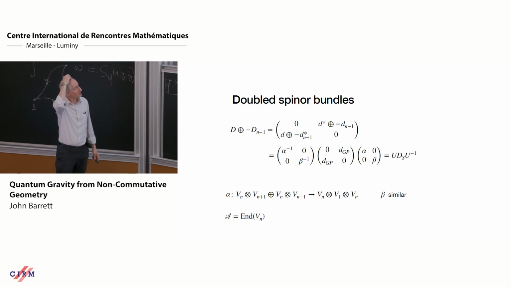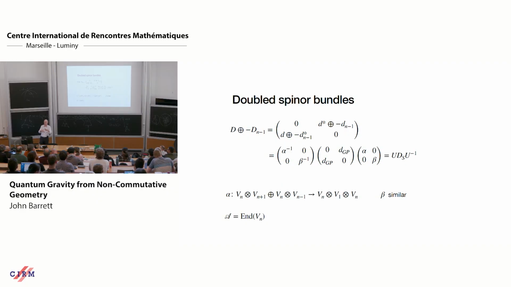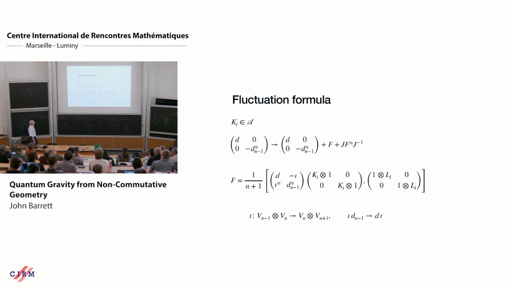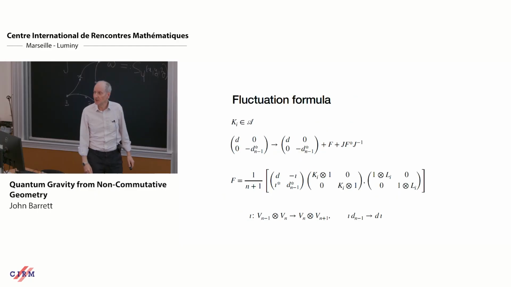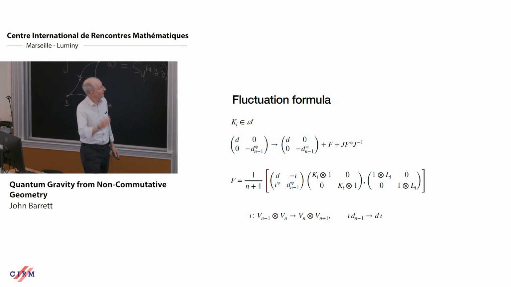So we can reconstruct everything we want to know about the spinor bundle by going to this trick of straightening it back out again, doing the operation there, and then wondering what happens when you transport it back into the curved bundle land. So the algebra action is a complicated thing to work out, but here's the formula for the fluctuations.